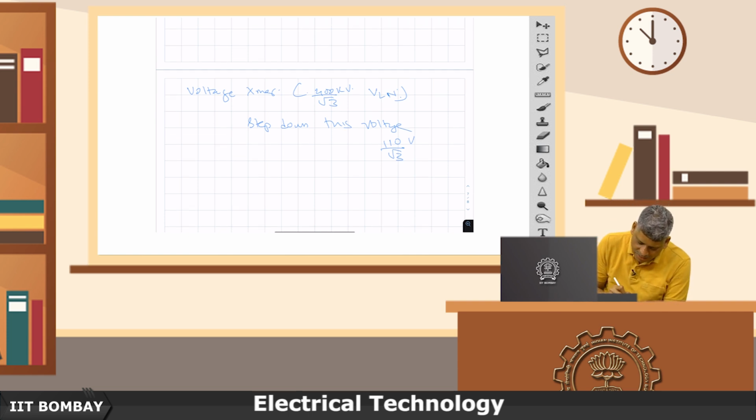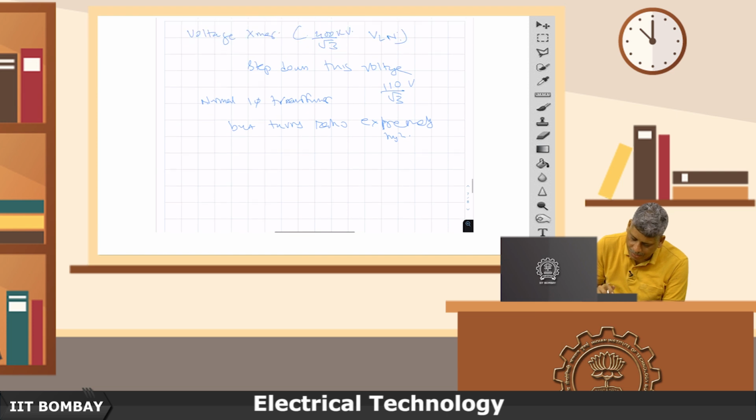Now, if you look at this, this is just a normal single phase transformer, but the turns ratio is extremely high, 400 by 110.